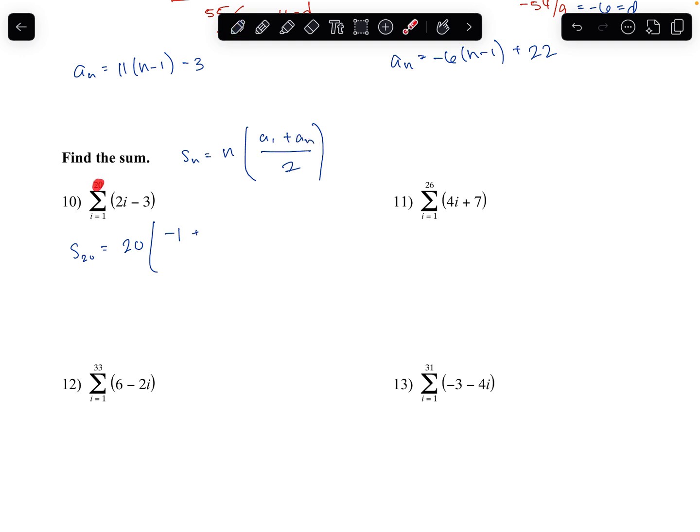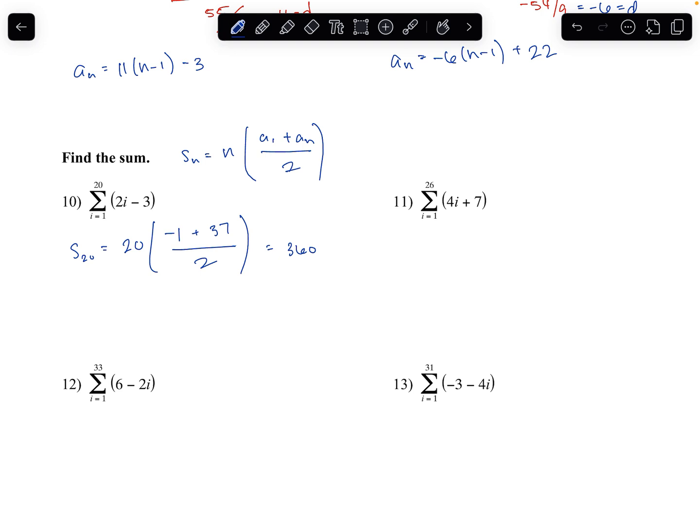I can find the 20th term by plugging in 20. That's 40 minus 3, so 37, all over 2. Then you've got your calculator. That's going to be 10 times, yeah, that should be equal to 360.